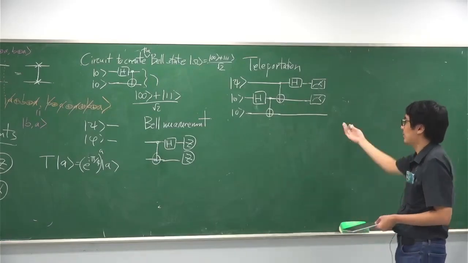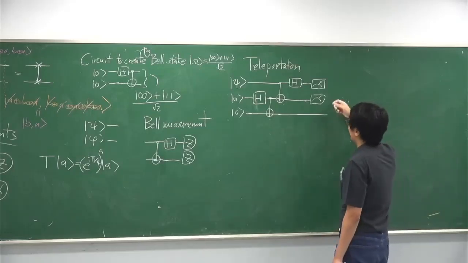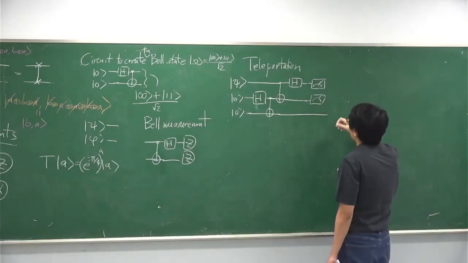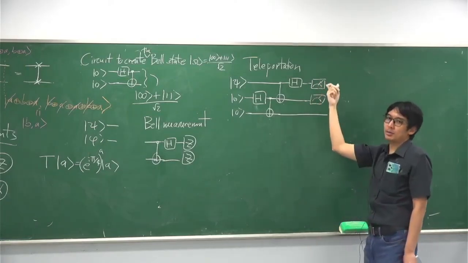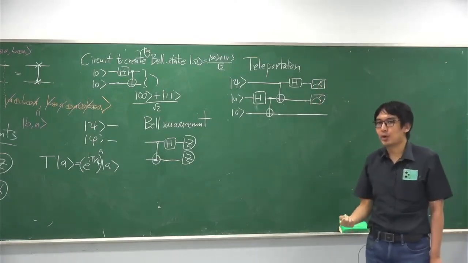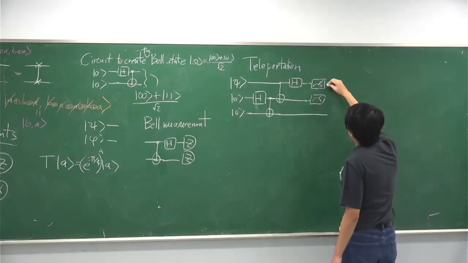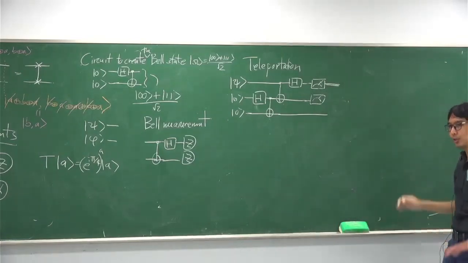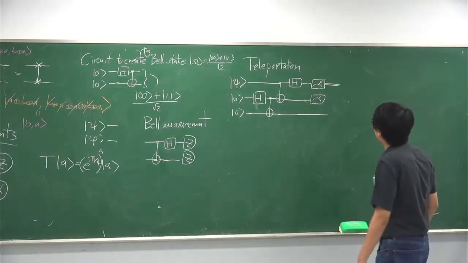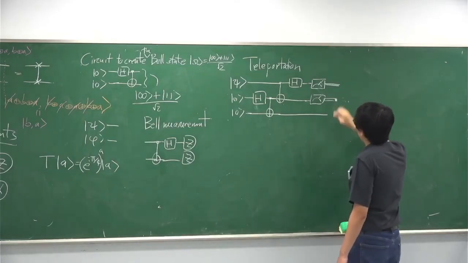So the last wire has to do some correction from the information from this, and usually the convention is that after you make a measurement, you turn the qubit into a classical bit, right? And the convention for a classical information line is to write this double line, which I sort of did last time already. And then use this to control.